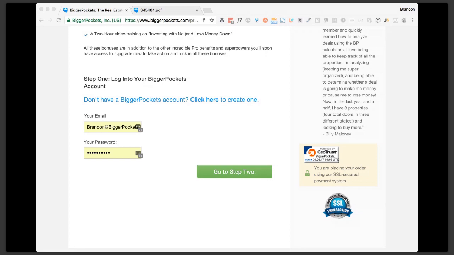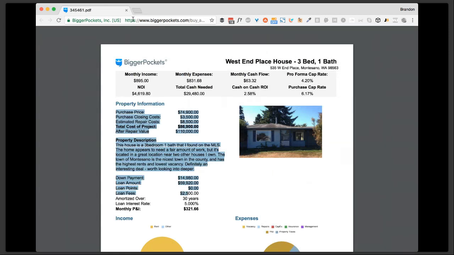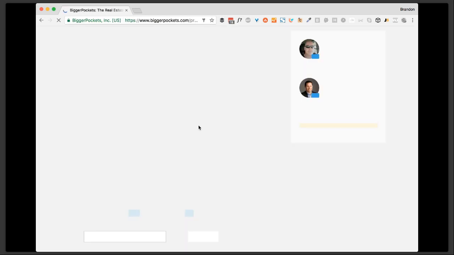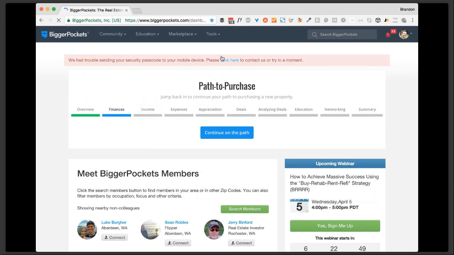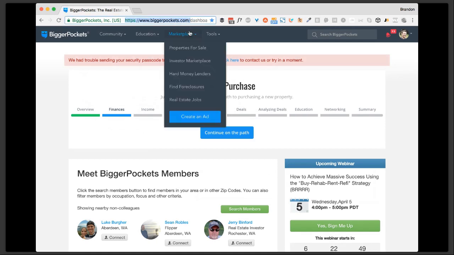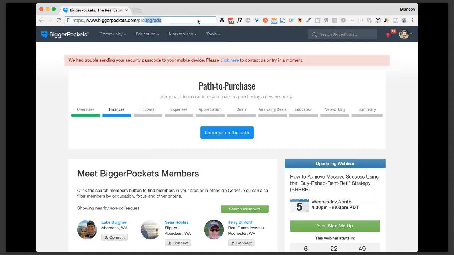Let's see. Where are we at? Pro upgrade. We're going to try this again. BiggerPockets.com/pro upgrade. Now will it let me work? Okay, so I'm logged in, and I'm going to go to BiggerPockets.com/pro upgrade.